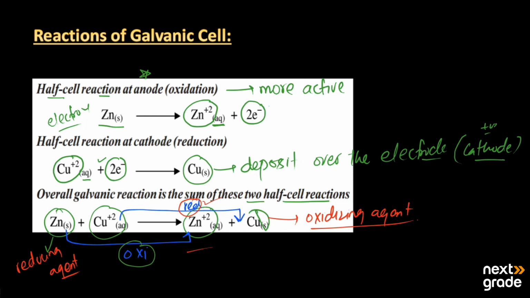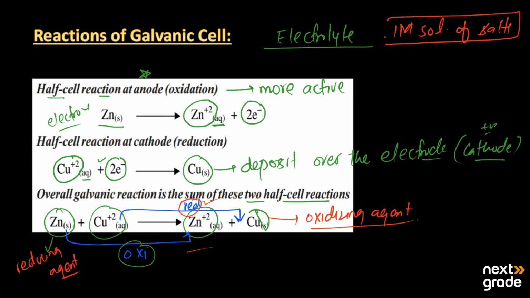One thing to keep in mind is that the electrolytes we use in the galvanic cell must be 1 molar solutions of the salts. We must use 1 molar as a standard solution for better conduction of electrons. The salt bridge is inserted as a U-shaped glass tube. It must contain a saturated solution of a strong electrolyte, and its type must be jelly type.